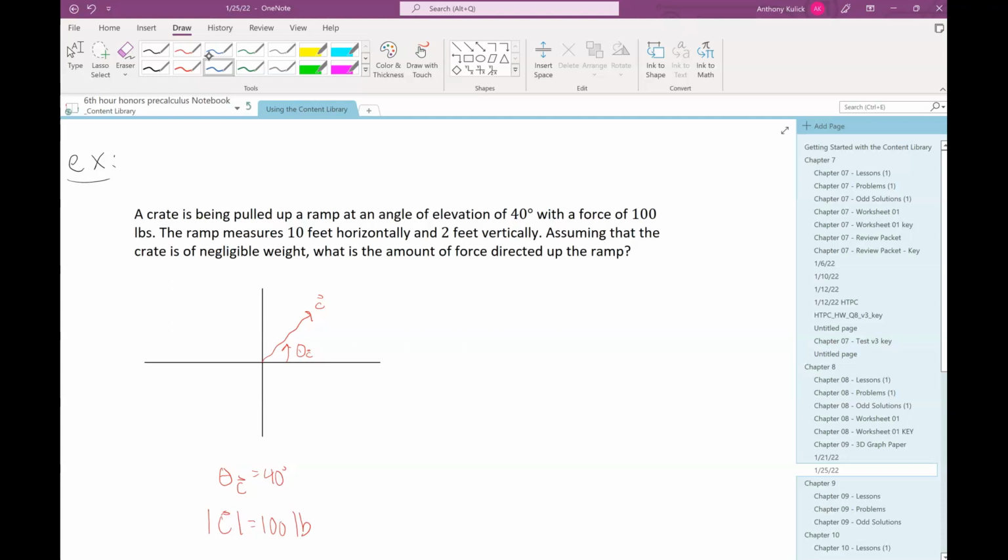Now my ramp, it says, is 10 feet horizontally and 2 feet vertically. So basically, I'm just going to plot the point 10, 2.